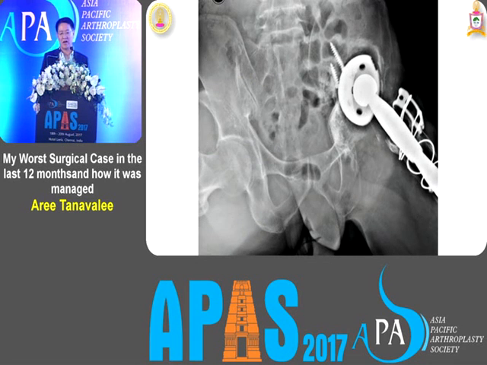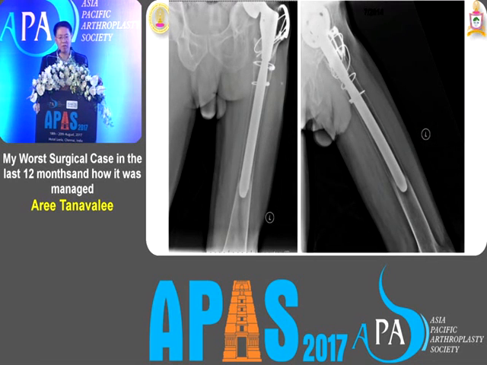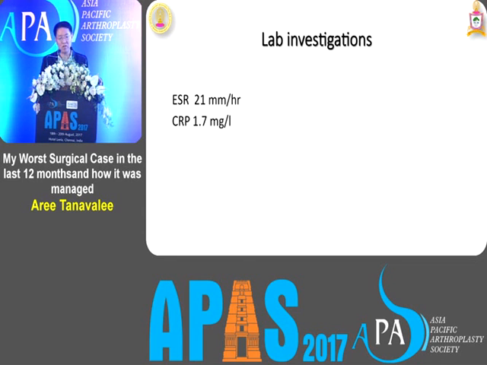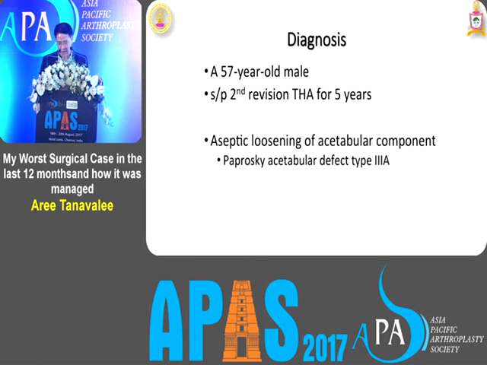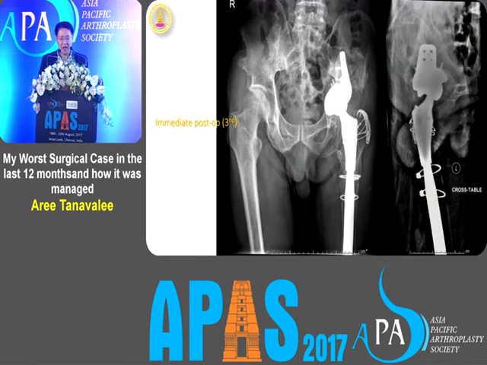This time, when we evaluated the patient, we knew he didn't have superior and posterior bone support. So again, we worked up for infection. And then we needed to go to trabecular metal.